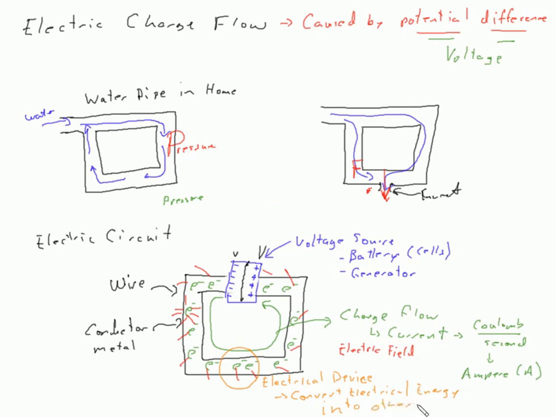Could be light, could be heat, could be motion, could be sound, anything like that. So it could be a light bulb here, it could be a heater, could be a speaker, anything that's going to convert this electrical energy into some other form of energy.